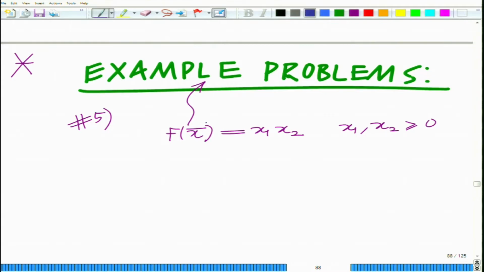Of course, x bar you can think of as a 2-dimensional vector. This is a function of 2 variables, x1 and x2. We want to ask, is this convex or concave?